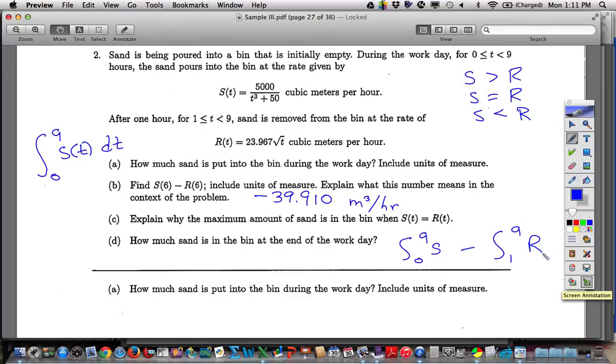That's basically how much is in there at 9. It's how much went in minus how much went out. And it comes out negative, which means it's empty. They're basically about the same, but it did come out a little negative, which means there wouldn't have been anything left. Can't have a negative amount of sand. So it's empty.